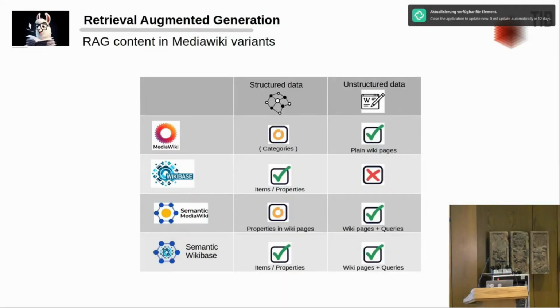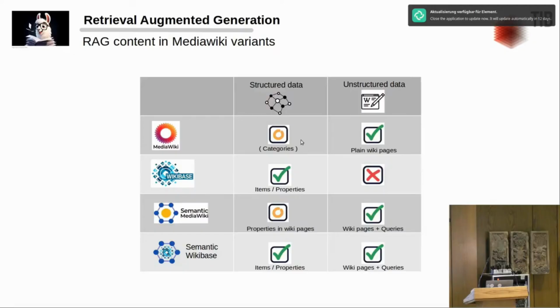Okay, in the MediaWiki context, the type of our data depends on the extensions we installed. So for example, if we are using only plain MediaWiki, we will most likely have plain wiki pages containing text. So this is unstructured data.